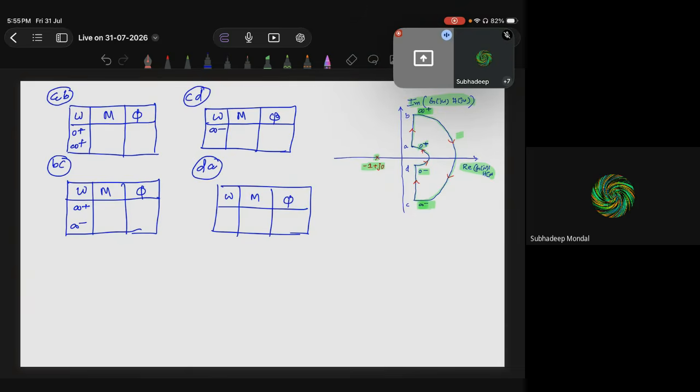Infinity minus and 0 minus. What is DA? 0 minus and 0 plus. Is this clear? Any doubts? These are the omega values. We just need to find the magnitude and φ for each of these cases. Any doubt or query in this?